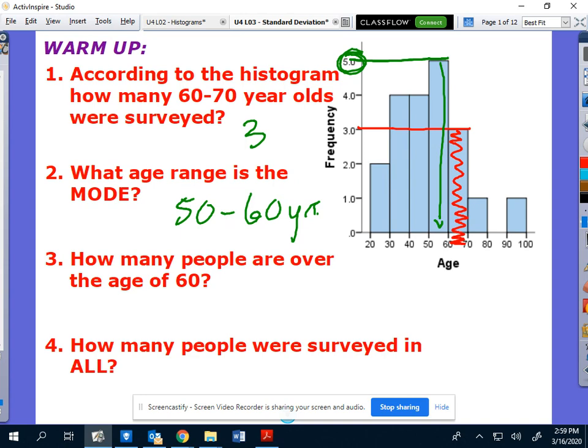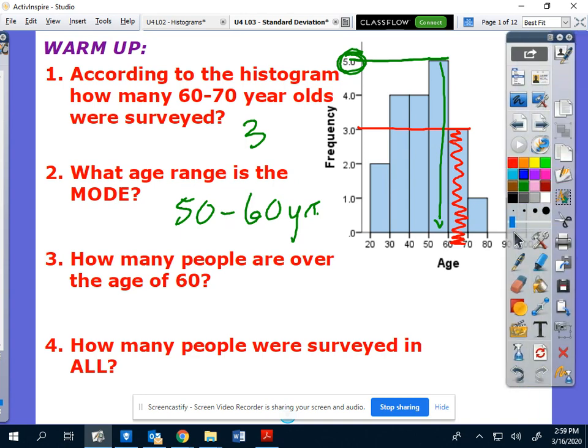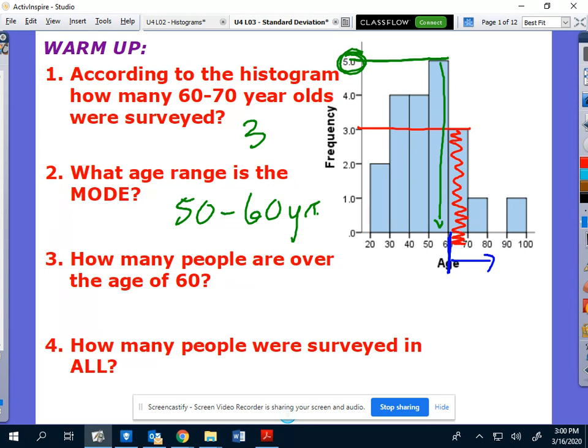Then the next question says, well, how many people are over the age of 60? Well, over the age of 60 is these guys and beyond. So if we look at that, that's these 3 people, then 1 person here, 1 person there. So that's a total of 5 people, right?